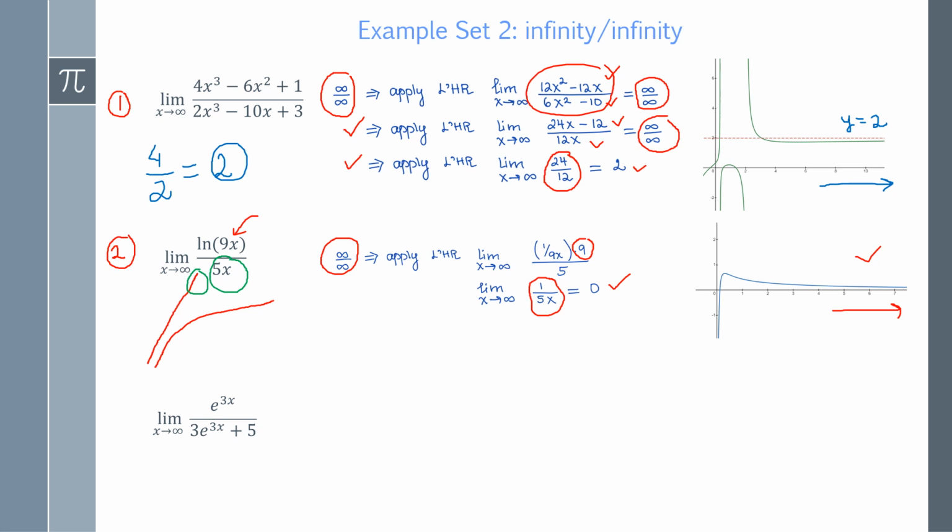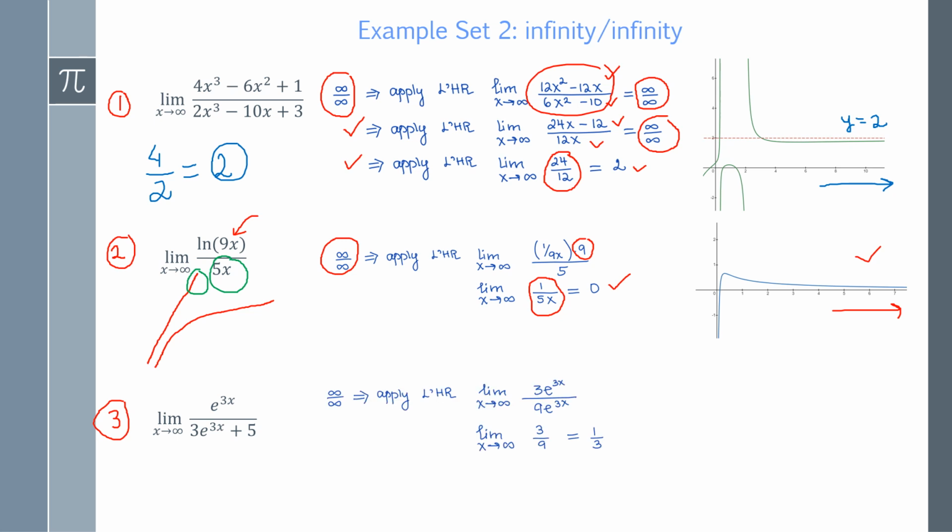Okay, one more example to consider of the form infinity over infinity. So here's our third problem. Limit as x goes to infinity of the following expression: e to the power 3x over 3e to the power 3x plus 5. All right, so let's see what we get here.